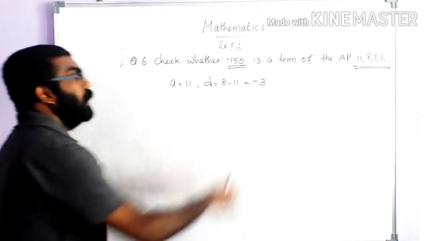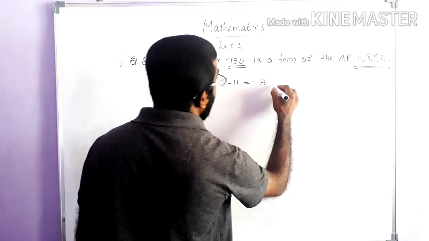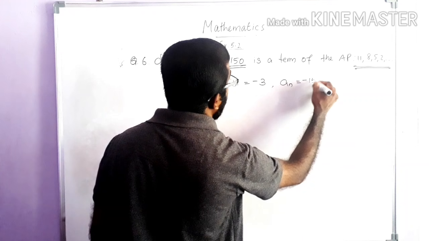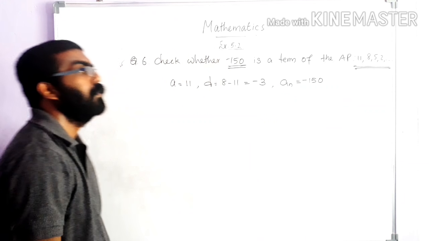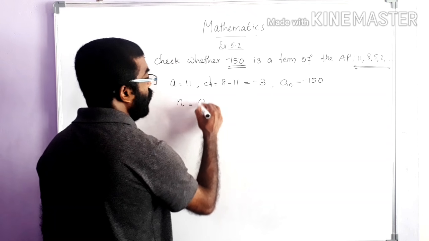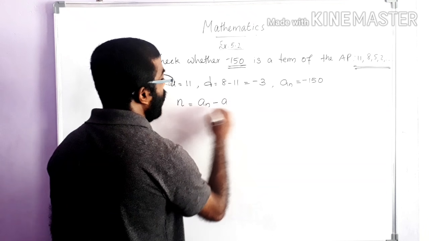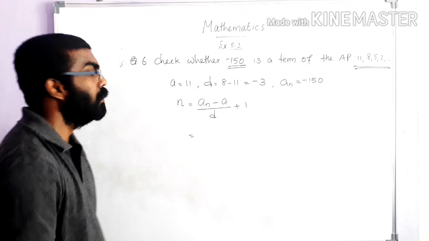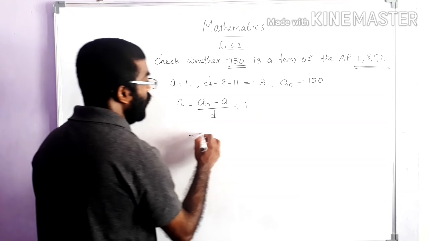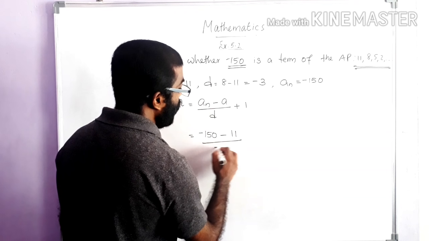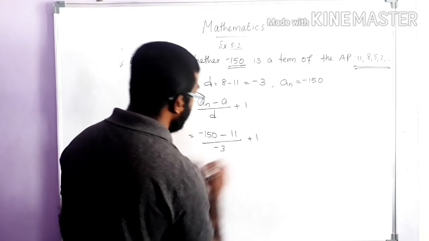And we can take the number minus 150 as an. Let an be minus 150. Now we are going to find the value of n. n is equal to an minus a by d plus 1. So here n is minus 150 minus 11 divided by minus 3, plus 1.